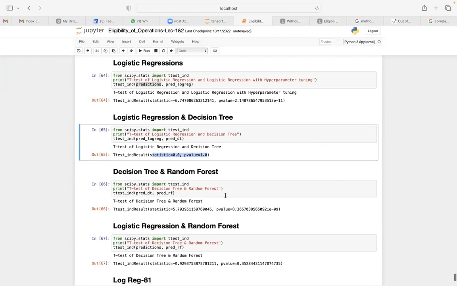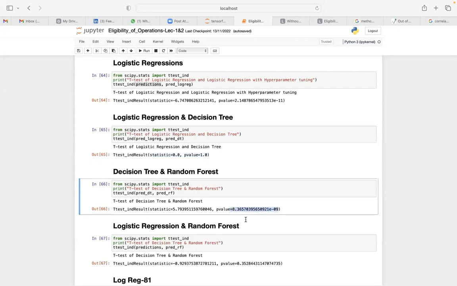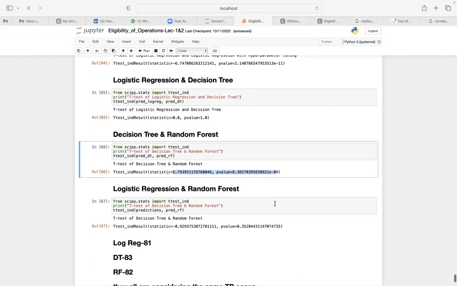When you compare decision tree and random forest, you can see that there is a significant value which is less than 0.05. Again, it is more than +2, so both are strong indicators that you did a good job spending time to design the decision tree and random forest.